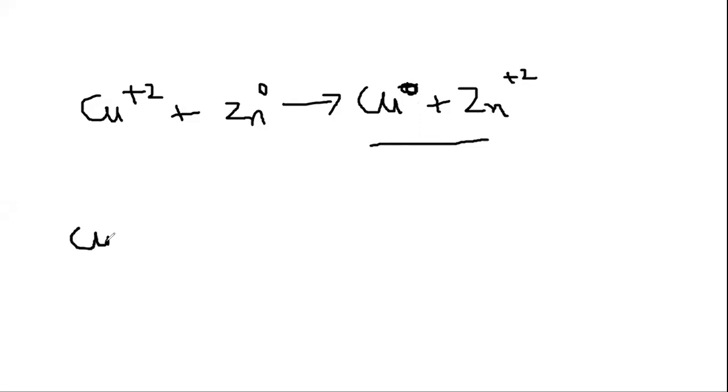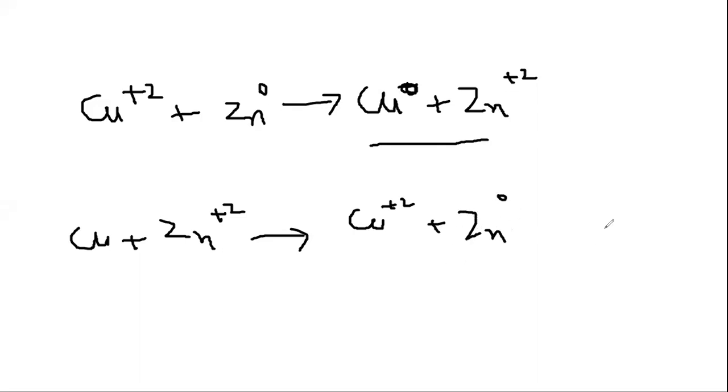That means copper plus zinc plus 2 is forming the copper plus 2, and zinc is going to be reduced to the zinc zero oxidation state.